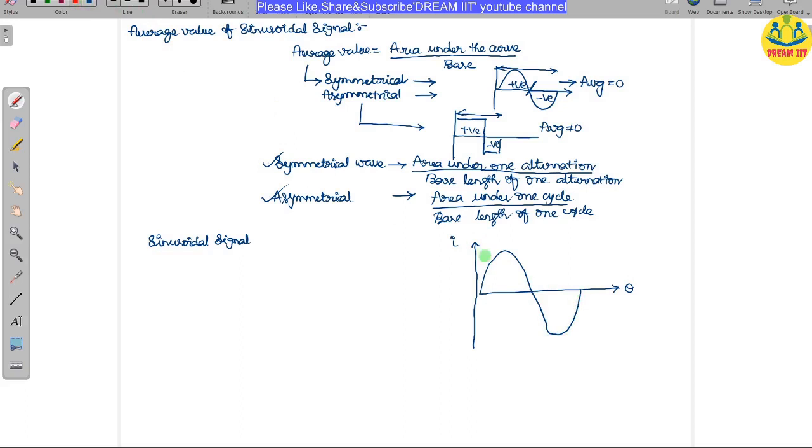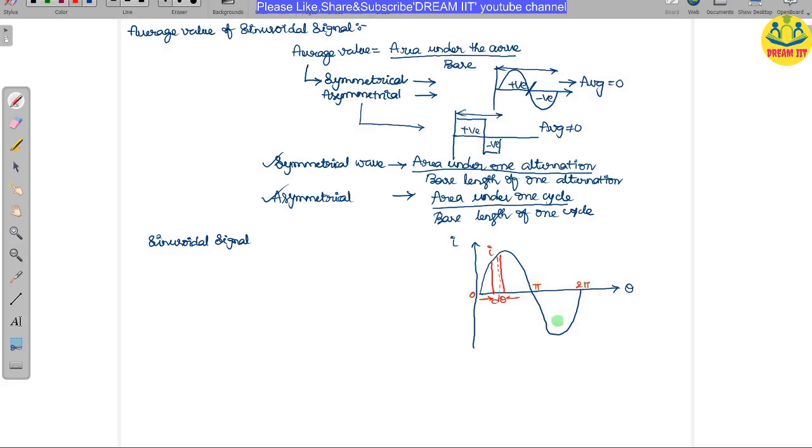Whenever you have a sinusoidal signal, for calculating the area I consider one strip. The length of the strip is d theta on the current waveform. Then I take the limits 0 to pi and pi to 2 pi.